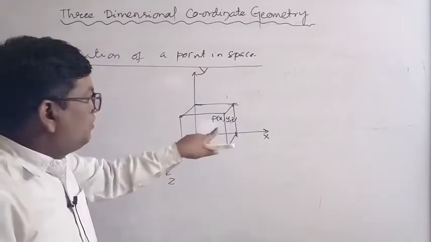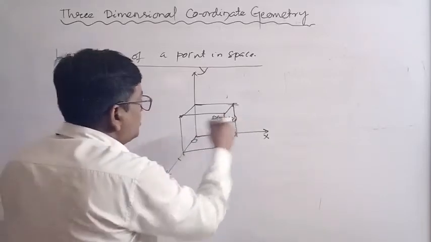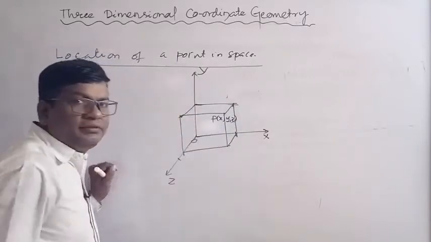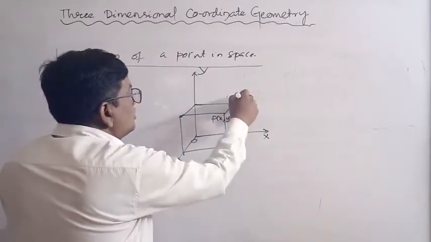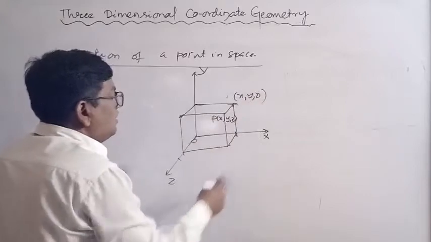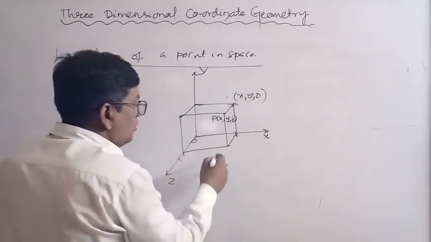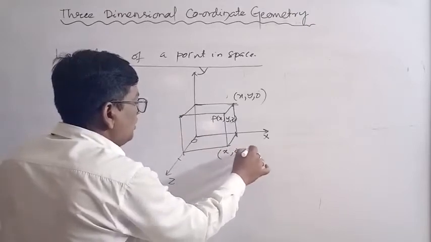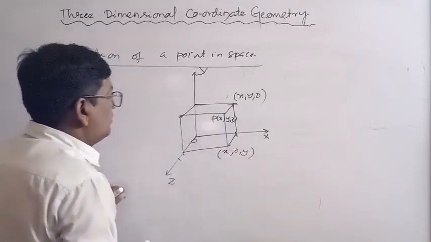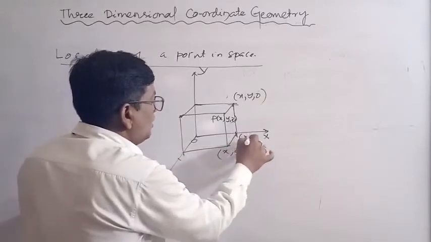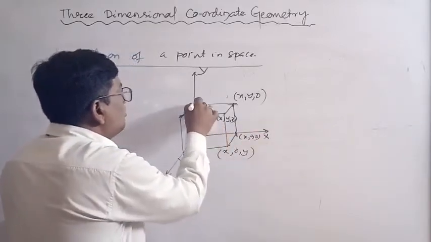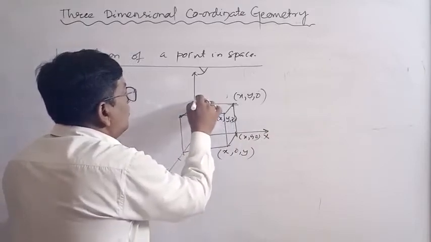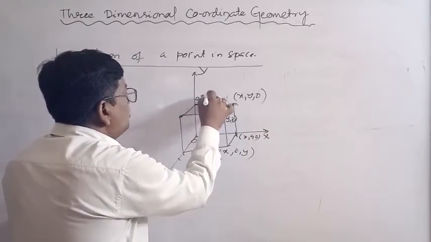This is the point P of x, y, z in space. This is the xy plane, z coordinate 0, so this is x, y, 0. This is the xz plane, y coordinate 0, that is x, 0, z. This is the x axis, so x, 0, 0. This is the y axis, so 0, y, 0.